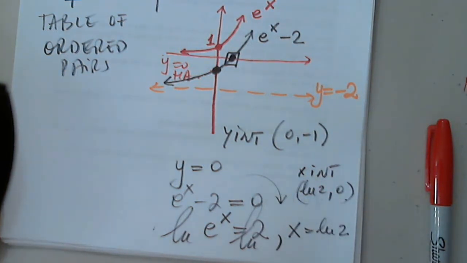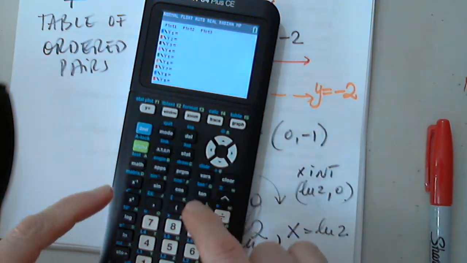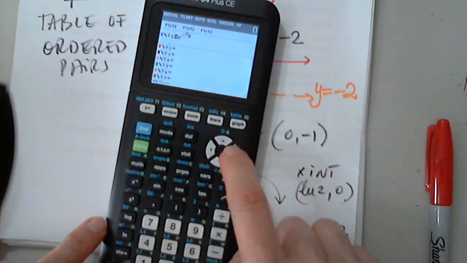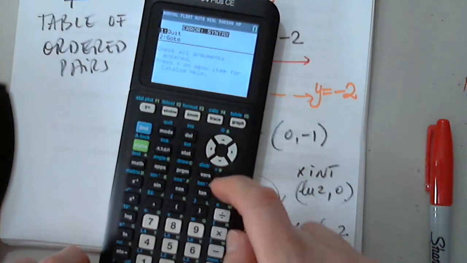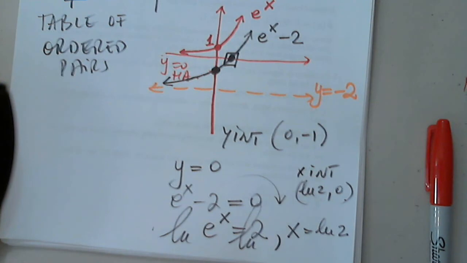So just simply grabbing the graphing calculator, putting in y equals e to the x, and then -2, then graphing it. Oops, I did something. Let me open my emulator here so it's easier for me to show you.